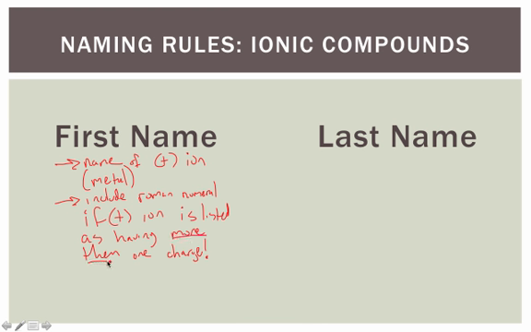So if your positive ion has more than one charge listed, let's underline that part there, more than one charge, then you have to include a Roman numeral, and that's going to happen after the first name. This is kind of a 50-50 thing, and we'll talk more about how to handle this Roman numeral issue a little bit later on. That's it for our first name then.